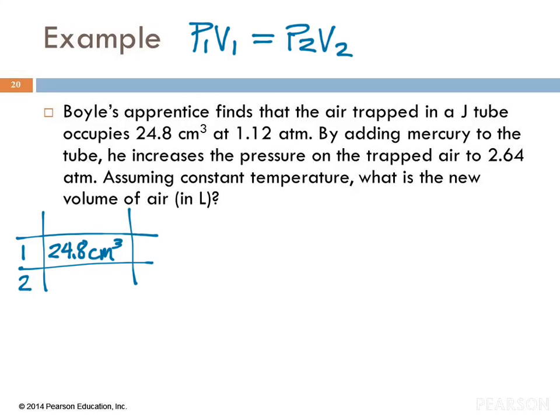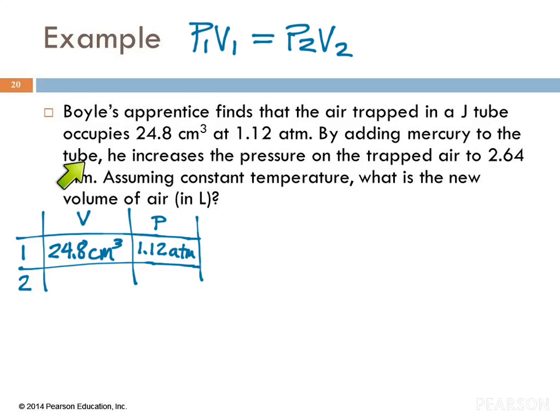So I'm going to give this column the heading V for volume. And the next one is 1.12 atmospheres. And those two seem to go together, right? It's this volume at 1.12 atmospheres. Atmospheres measures what? Pressure. So this is going to be P.